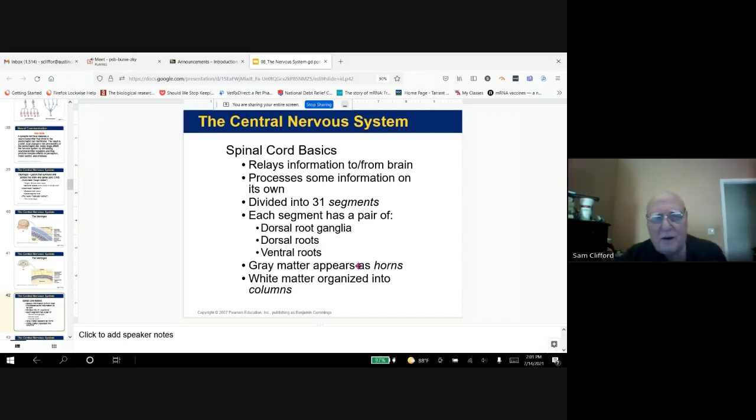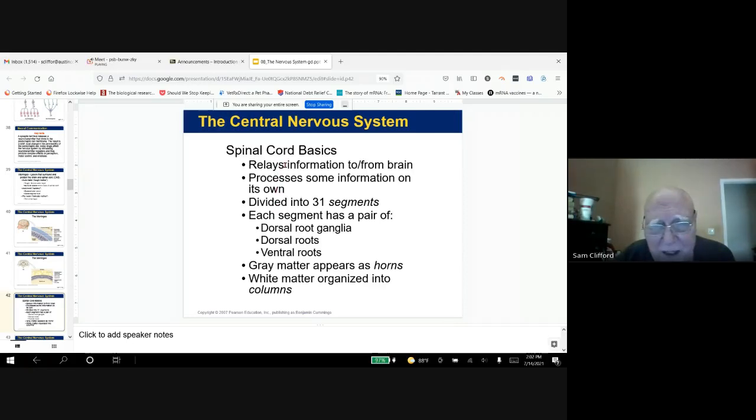Okay, what does the spinal cord do? Relays information to and from the brain, processes information. There are 31 segments in the spinal cord. The dorsal root ganglia, and then the dorsal root is where information comes from the periphery or from the outside or from your finger and toe. And that information is organized in these groups of processes.